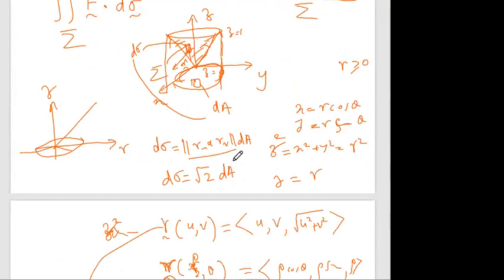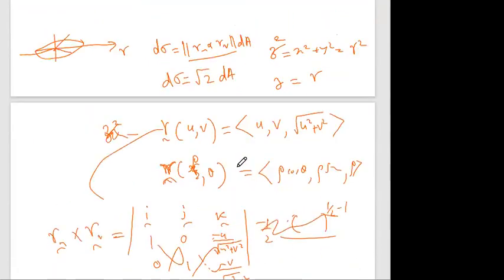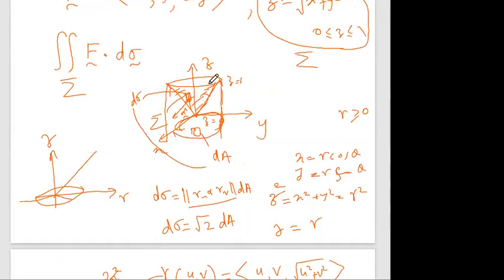Okay, we have all of this. Now our vector field is spreading everywhere. We want to get the unit normal component of that vector field, right? F dot n, the unit normal, d sigma.